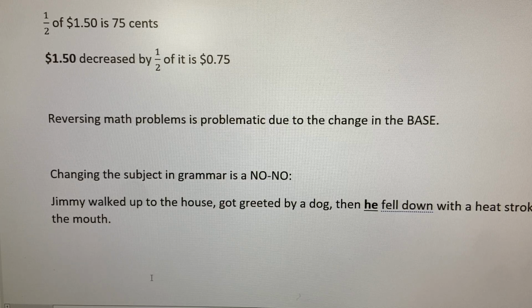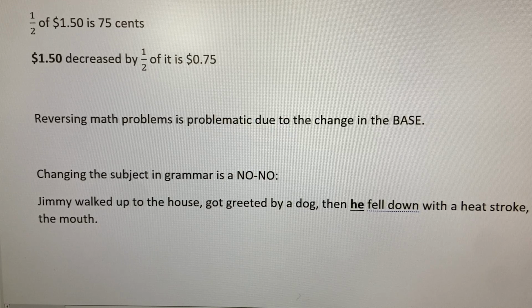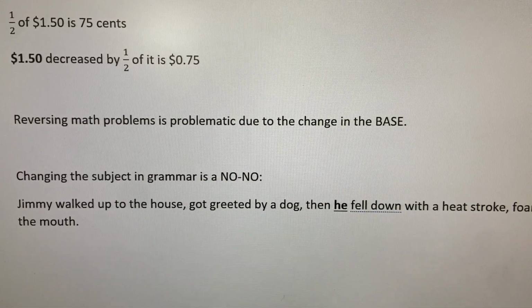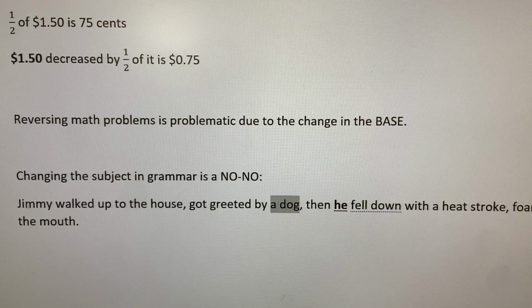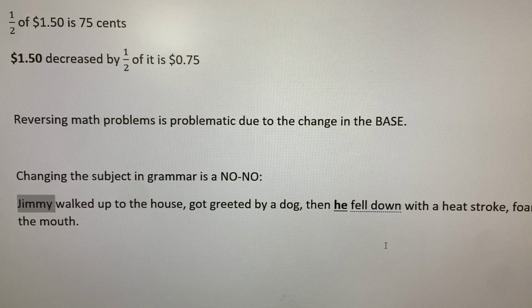Here's the sample sentence. Jimmy walked up to the house, got greeted by a dog, then he fell down with a heat stroke. The last words read, foaming at the mouth. So in this sentence, it's unclear whether the he refers back to the dog or Jimmy. It could be either. It could be the dog having a heat stroke or Jimmy.